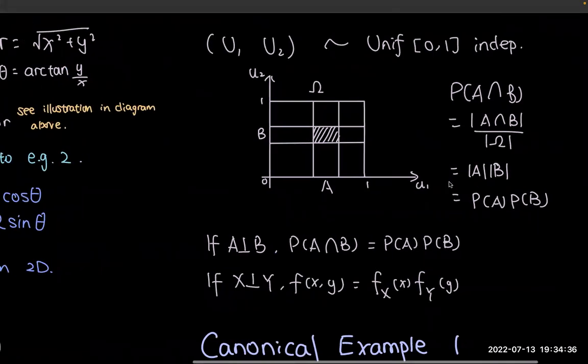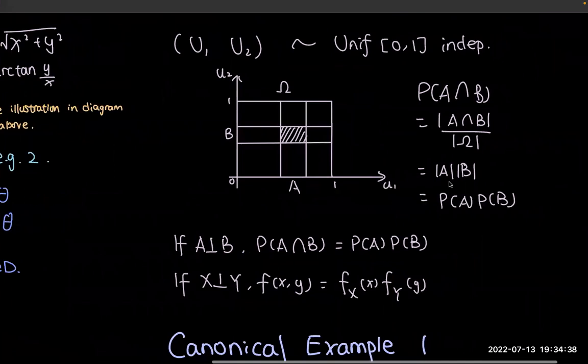I also want to mention a little bit about this A and B. If you treat this unit interval as your sample space, then A is a subinterval, and the probability of A is the length of A. But if you treat your whole unit square as your sample space, then A becomes this vertical stripe, this vertical zone.